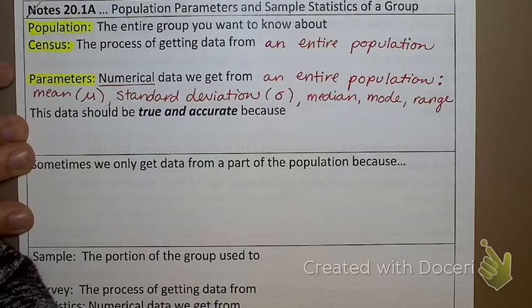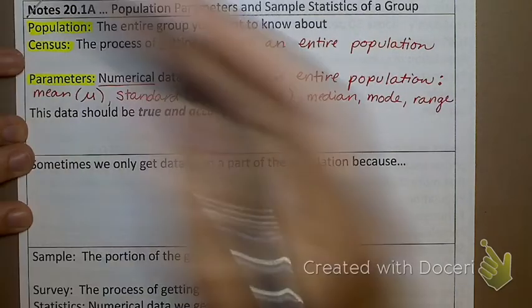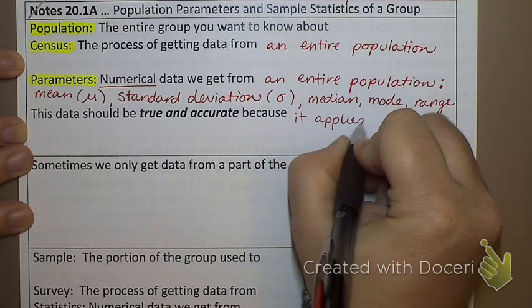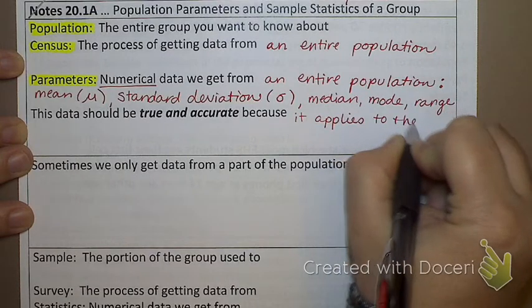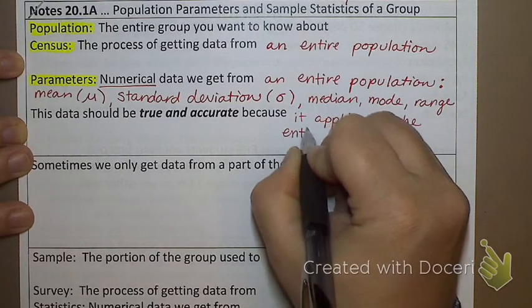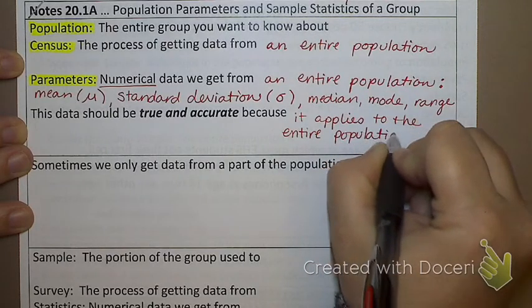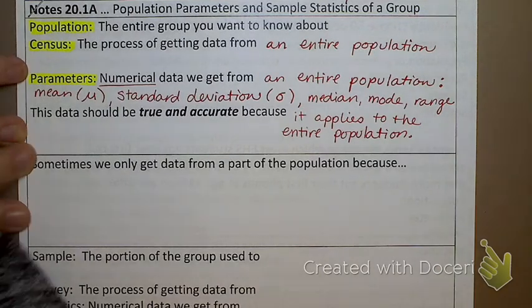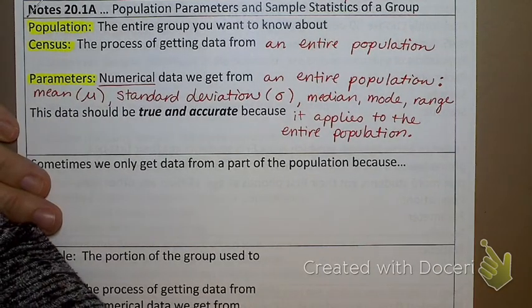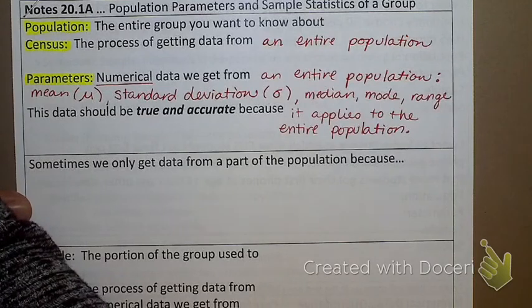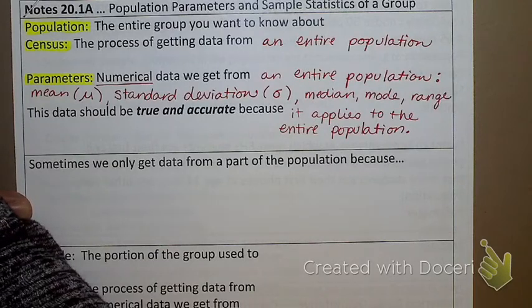This data should be true and accurate because it applies to the entire population. So if I asked what your favorite color is, and let's say my population was everybody in this class.